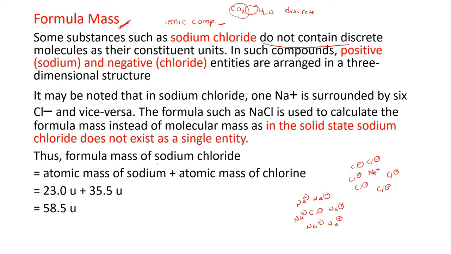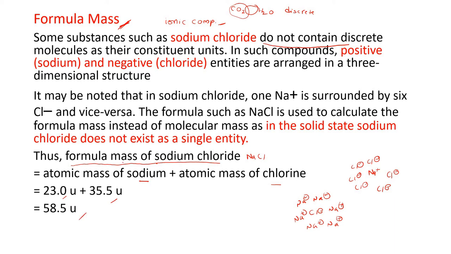So I want to calculate the formula mass for sodium chloride, NaCl. Same thing: atomic mass of sodium plus atomic mass of chlorine. Atomic mass of sodium is 23, chlorine is 35.5.